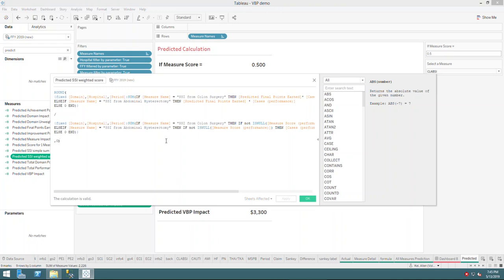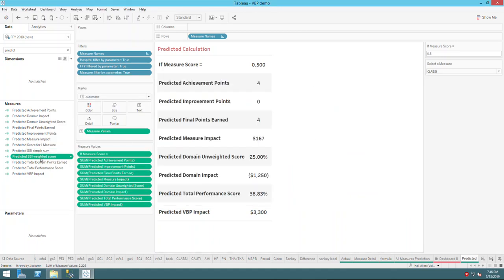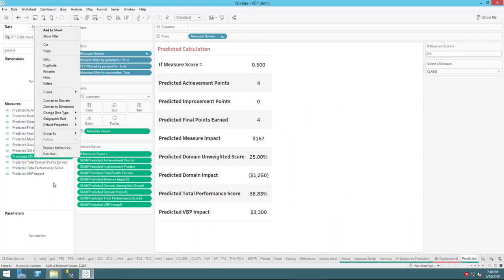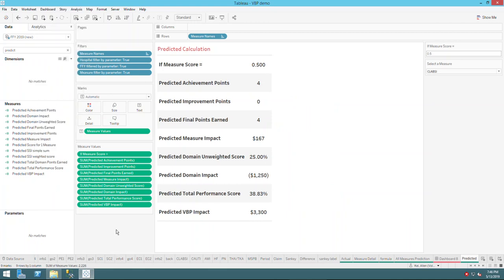If you don't quite understand what I'm talking about, maybe you can go back and look at the CMS methodology for this entire program, and then you will understand this calculation. That is the only thing for the safety measure: you need to do a little extra adjustment to calculate the domain score, which is just the weighted average for those two measures.